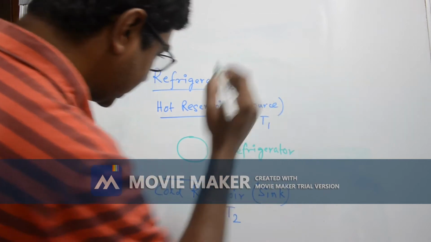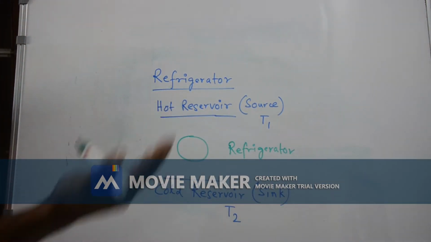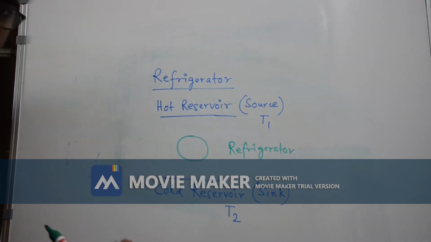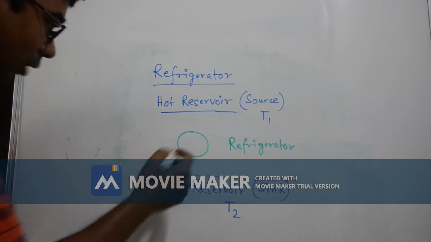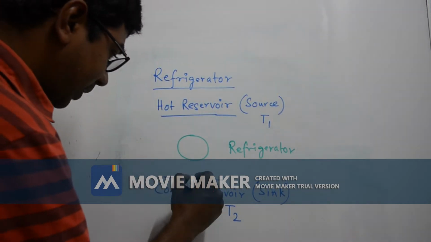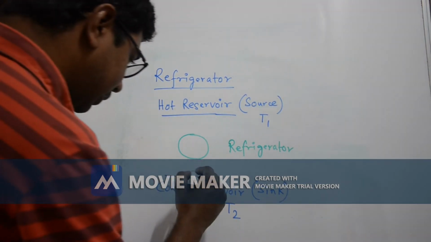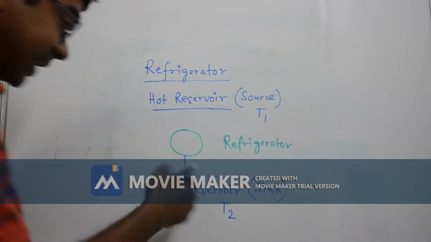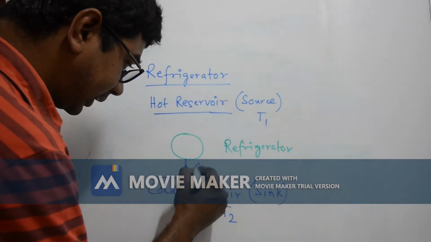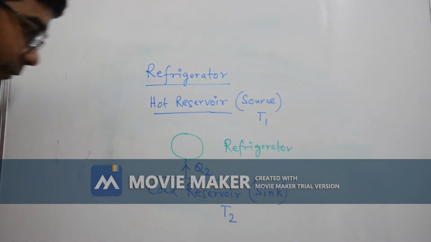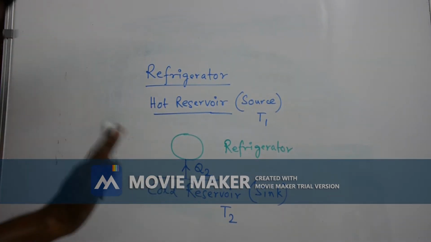Now, how does it refrigerate? In households we have something called the fridge, which is nothing but the refrigerator. So how does it actually work? It takes some amount of heat from the cold reservoir, because that is the thing it has to keep cool. So it takes away the heat so that it remains cool.